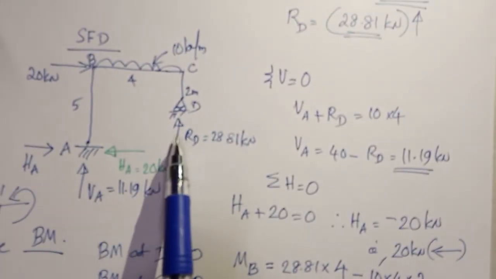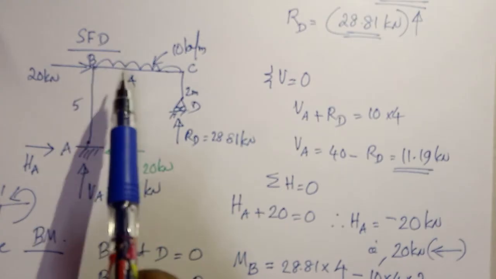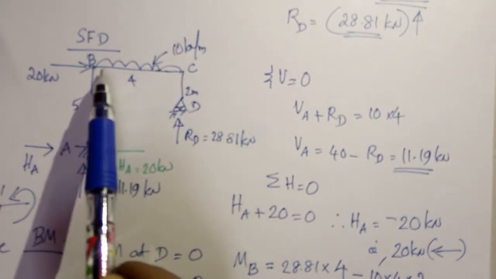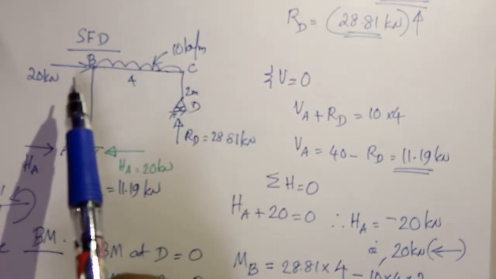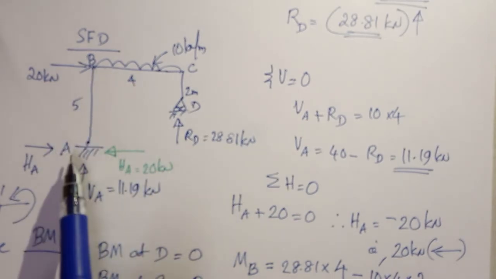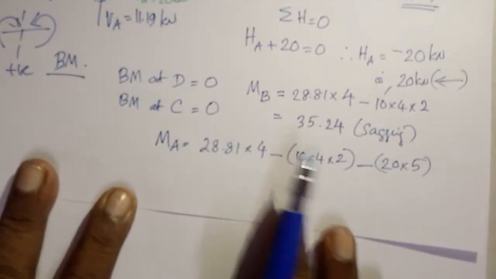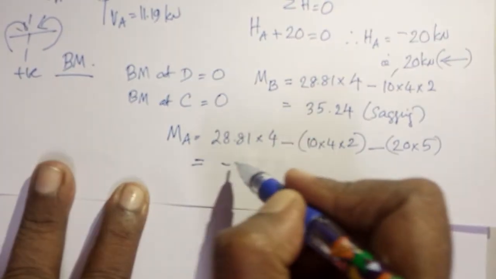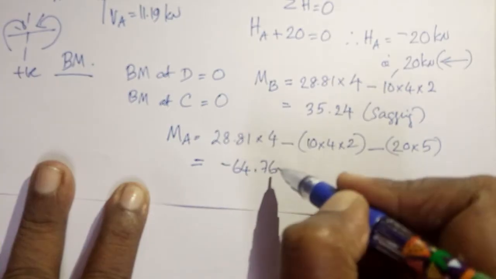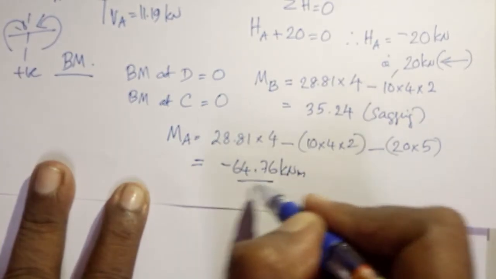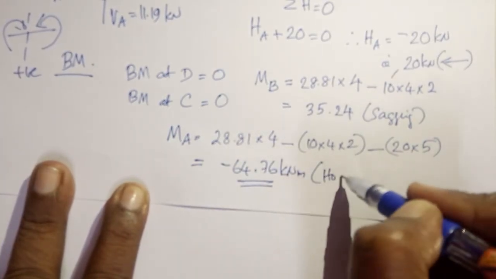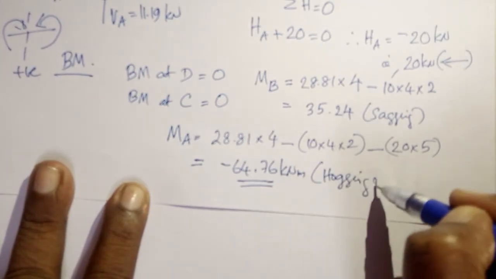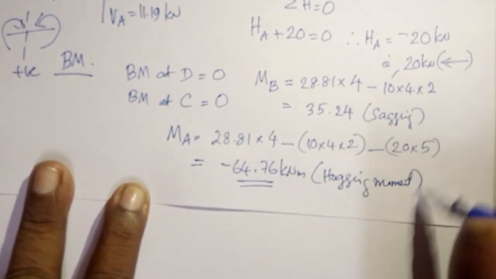RD into this distance is anti-clockwise, 10 into 4 into 2 is clockwise, and this 20 into 5 is clockwise. So totally we'll get the bending moment as minus 64.76 kilonewton meter. The negative sign indicates it is hogging moment.